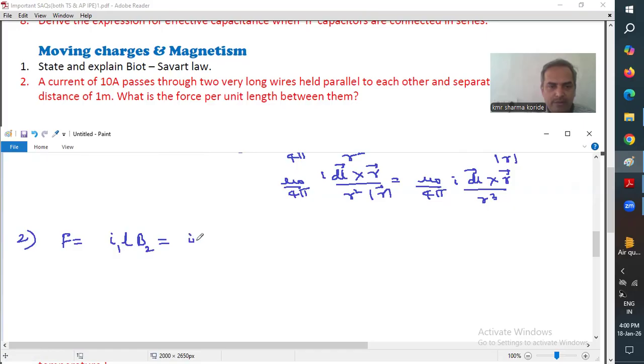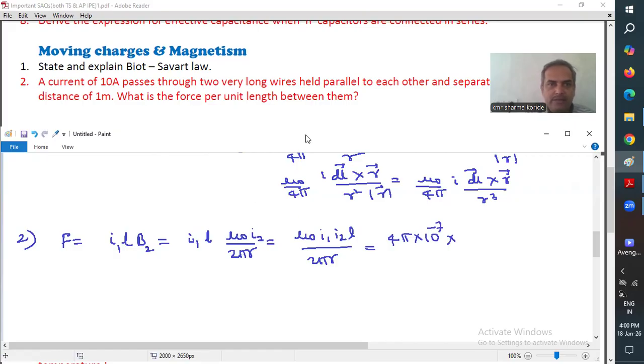So therefore what you can write is I1 L mu naught I by 2 pi R. So therefore this can be mu naught I1 I2 L by 2 pi R. You know that mu naught is 4 pi into 10 to the power of minus 7.